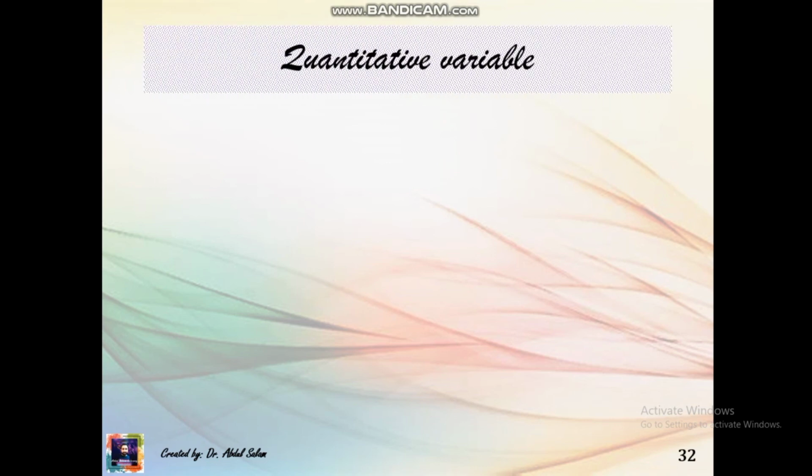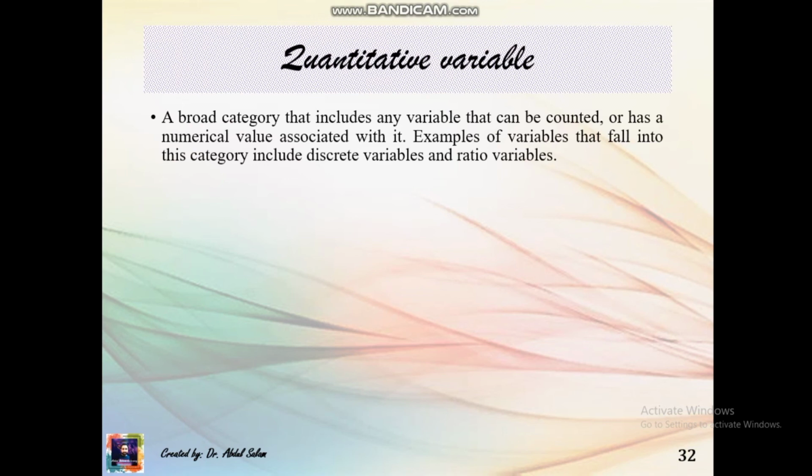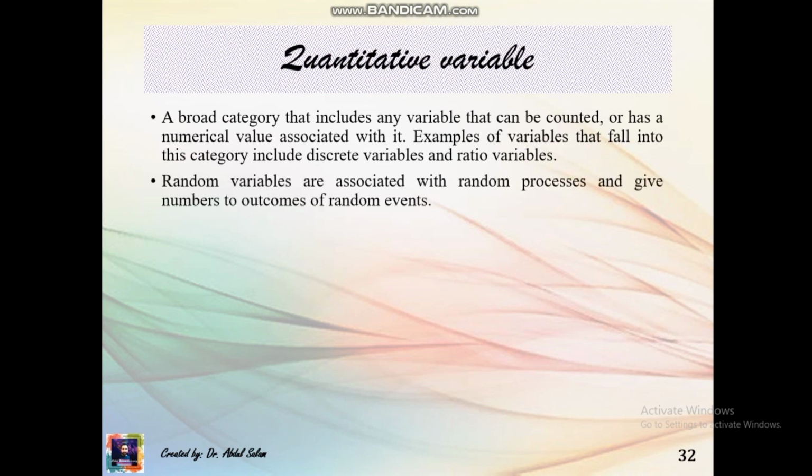Next we have quantitative variable, a broad category that includes any variable that can be counted, or has a numerical value associated with it. Variables that fall into this category include discrete variables and ratio variables.